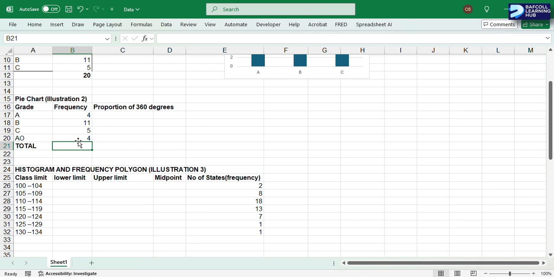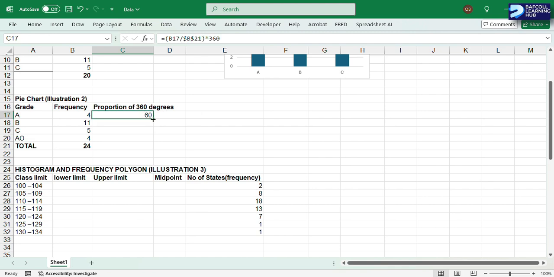First we compute our total, so Alt equals, which is 24, and then we put in a formula to compute the proportion of the 360 degrees, which will be equal to the frequency of A divided by the total frequency. Then I hit F4 to lock it, then times 360, and I hit enter.